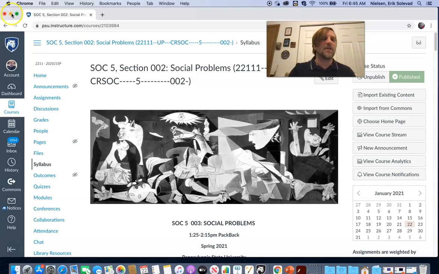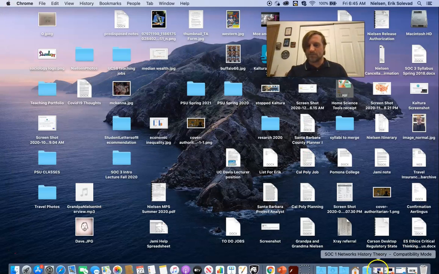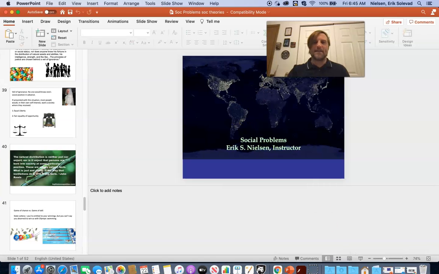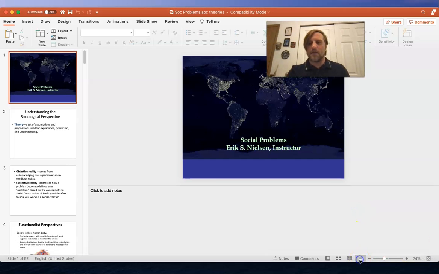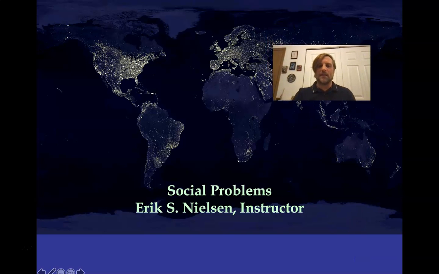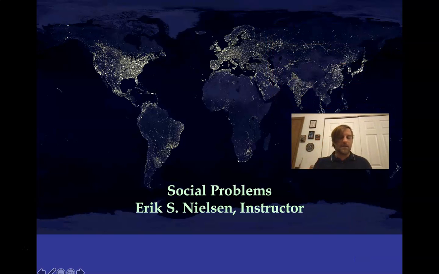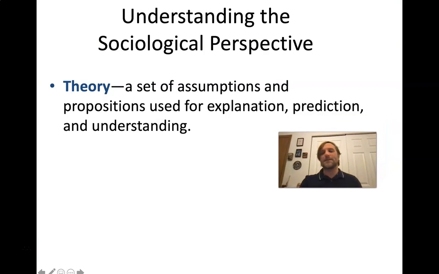I want to go over the lecture for today. As I said, it's an idiosyncratic course because I start out by talking a little bit about not just social problems, but also different philosophies.